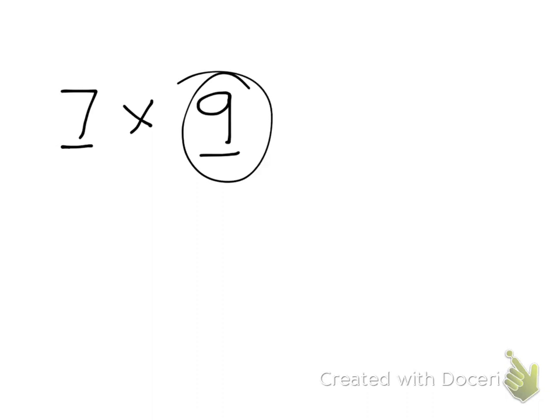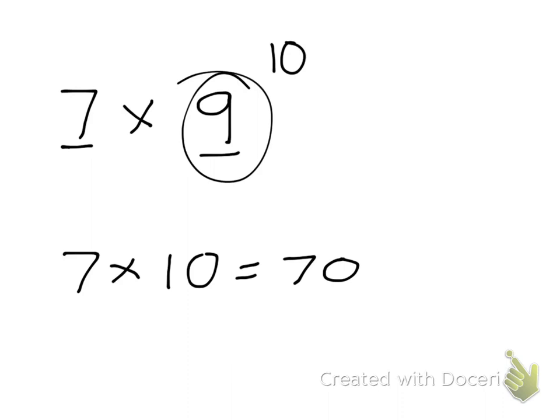But hey, I noticed that 7 times 9, 9 is really close to 10. So what if I just do 7 times 10? 7 times 10 is 70, and because I had 9 and I changed it into 10, I added on one group of 7, right? So I have to take that group of 7 off at the end. What is 70 take away 7?